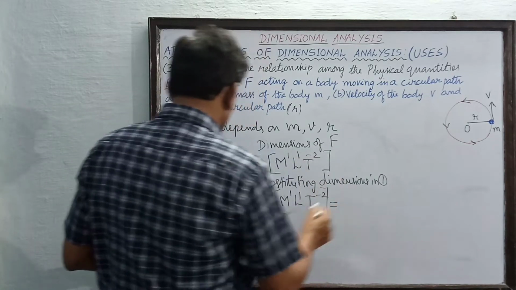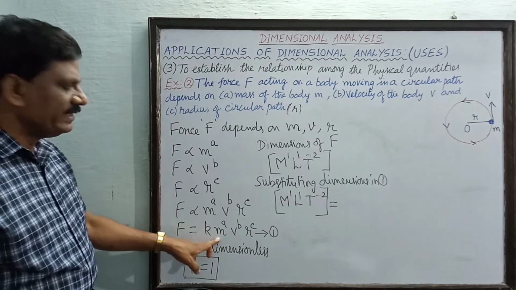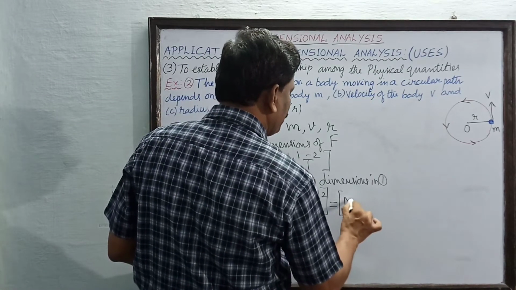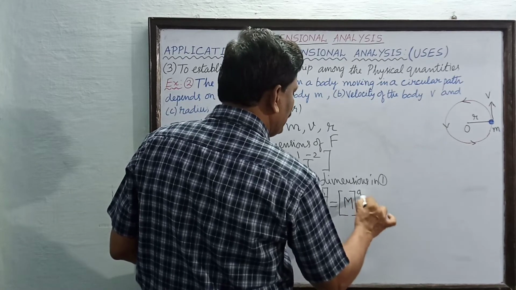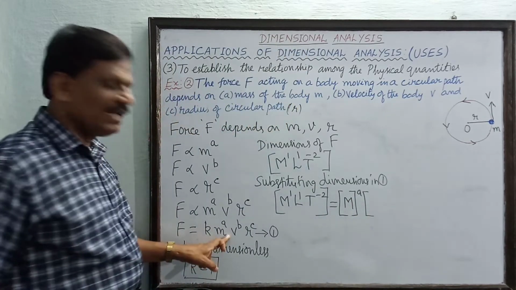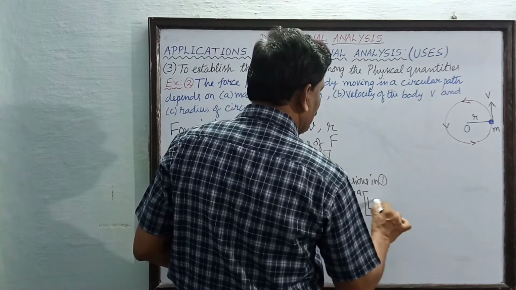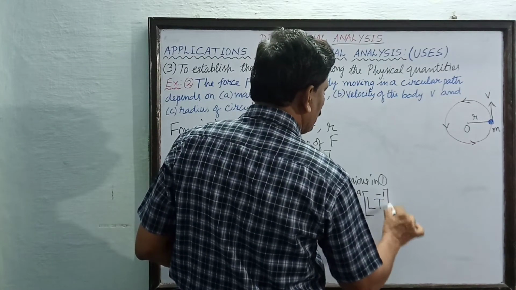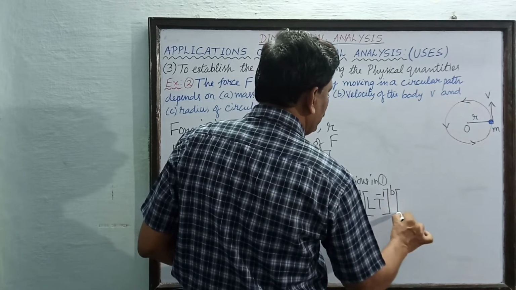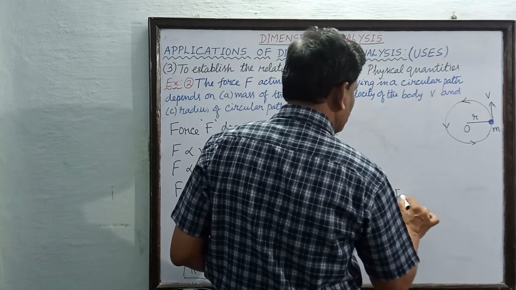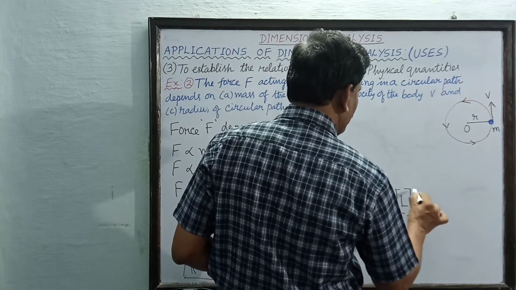So the right hand side, leaving k: M is mass, so M raised to the power a, into velocity, which is L T^-1 whole power b, into the third term, radius. Radius is nothing but length, so it is L raised to the power c.